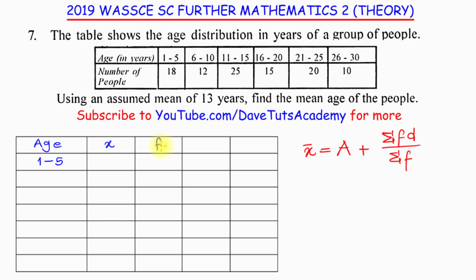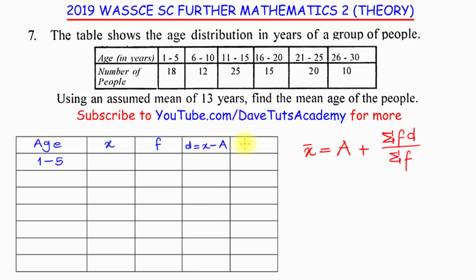Then we can input the frequency, which is going to be the number of people in this particular question. Then we can find the deviation, which is defined as the difference between the class mark and the assumed mean. So it is the class mark in this second column, and we subtract the assumed mean that we are given as 13 years from that mark to get the deviation.